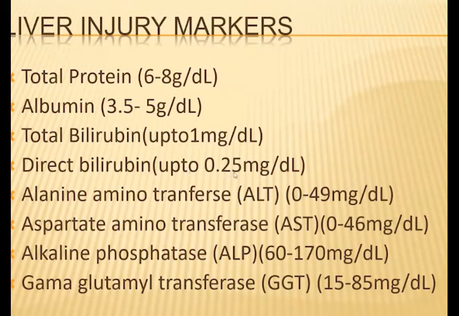Direct will be 0.25 and indirect will be 0.75 milligrams per deciliter, and the alanine aminotransferase ALT normal level up to 50.